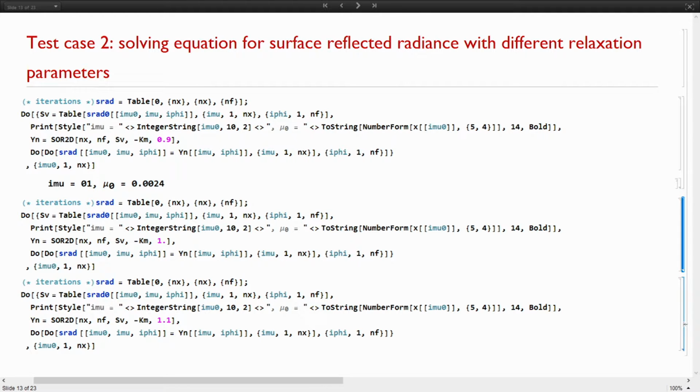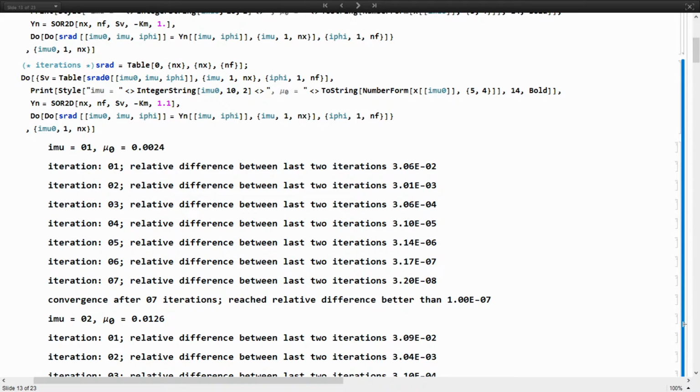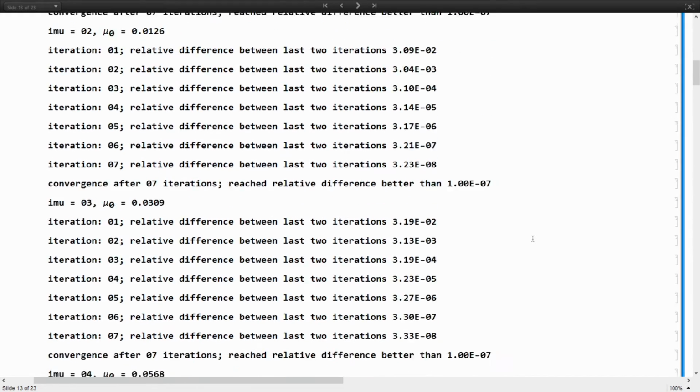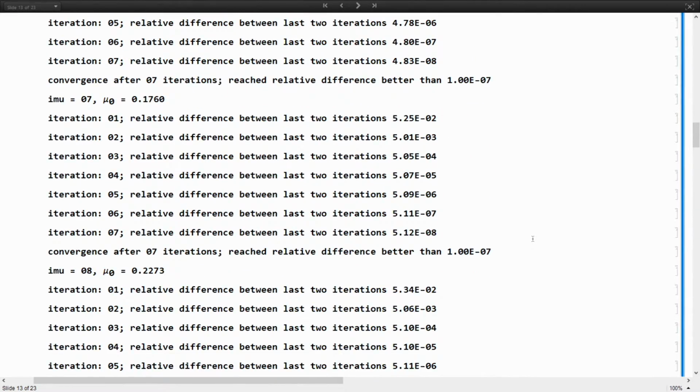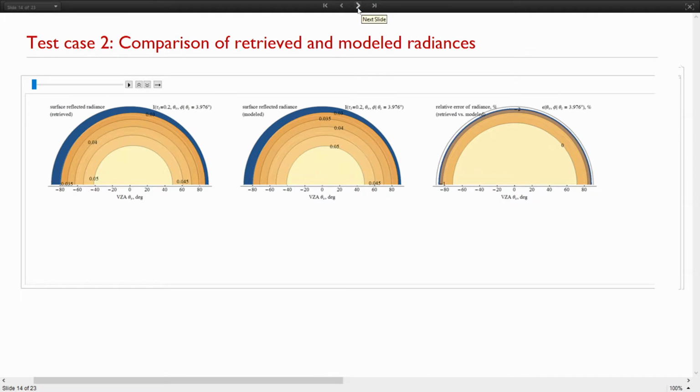But unfortunately, that's not true. With 1.1, we have, again, 7 iterations. So it seems that for direct problem, we do not need relaxations at all. So here is the comparison between the result I just obtained with DISORT modeling and relative difference between them.